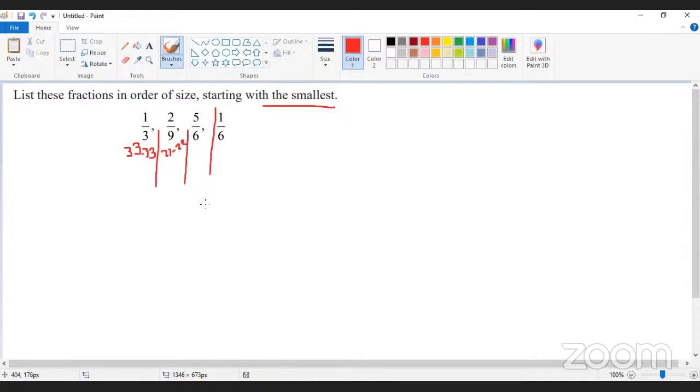Third one, 5/6 will be the big one. So that would be 83.33. So the last one is 16.66. So this comes first, this comes second, this comes third, and 5/6 comes last. Are you clear with this question?